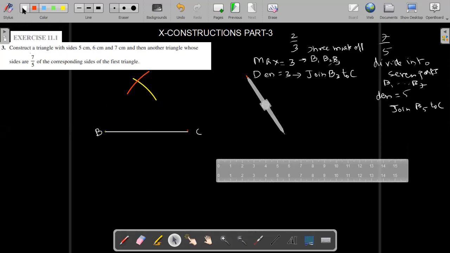You can join B to A and A to C. This is your given triangle ABC. Correct?